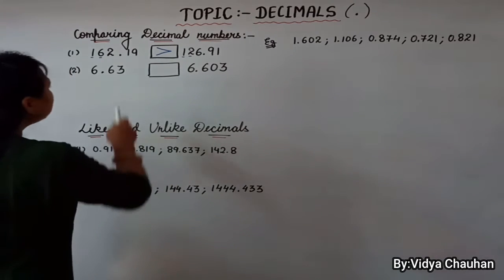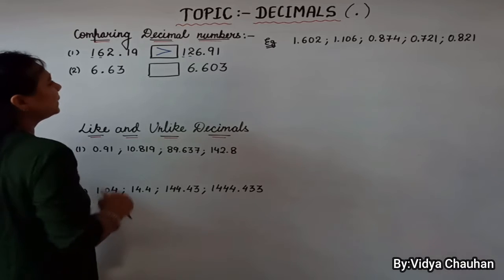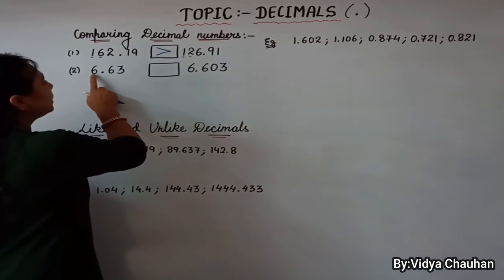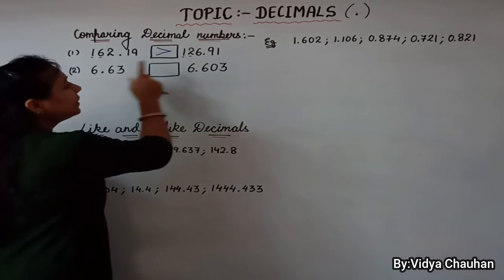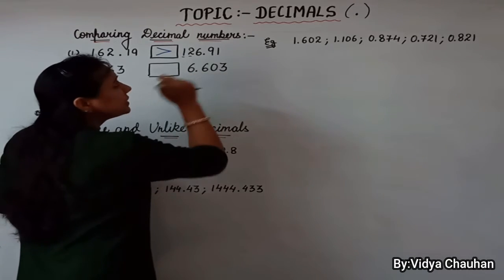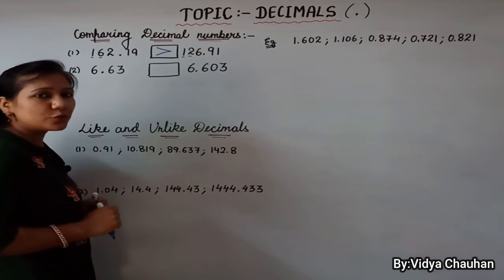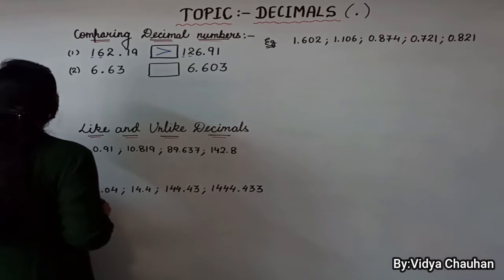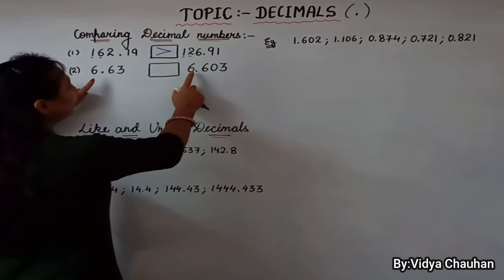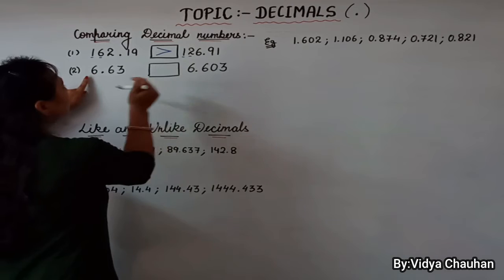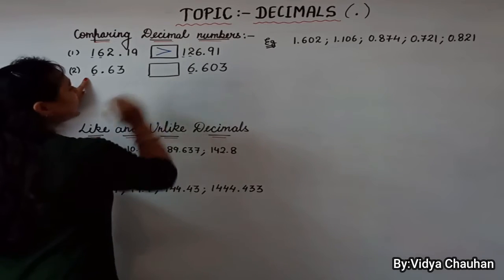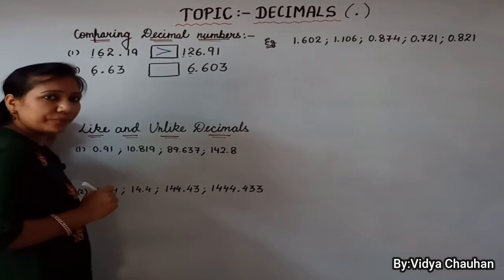Now similarly, let's take the second example, and here you have to compare whether 6.63 or 6.603, which one is greater or smaller. So once again, let's start comparing the digits from the extreme left. What are the digits? 6 and 6. They both are equal.